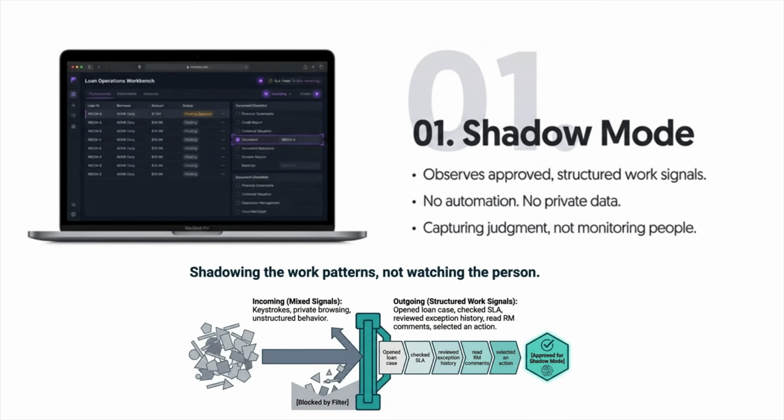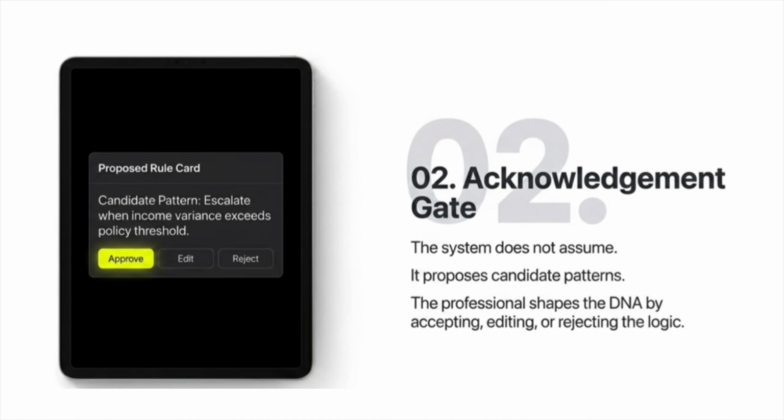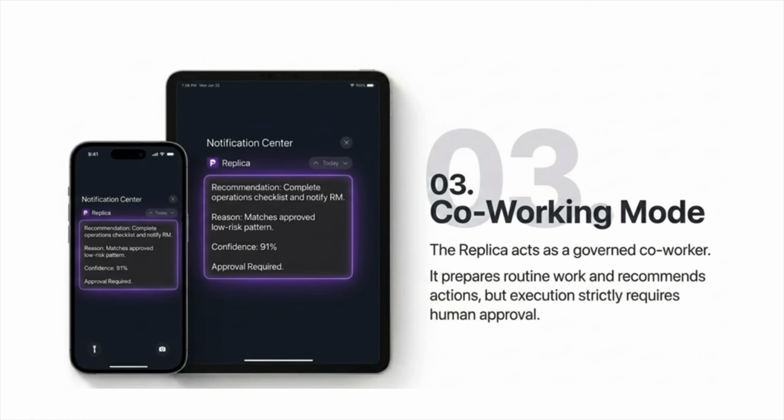Once Henry acknowledges enough patterns, what happens next? Then the digital replica can move into co working mode. In co working mode, the replica recommends actions, but Henry still approves before execution. For example, a low risk personal loan top up case arrives. Documents are complete, SLA is normal, no policy exception exists.